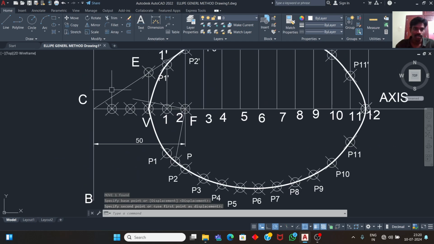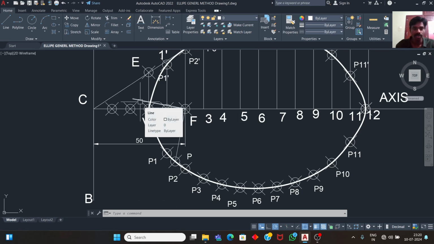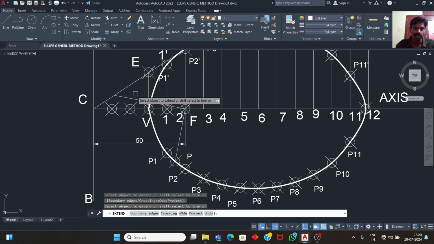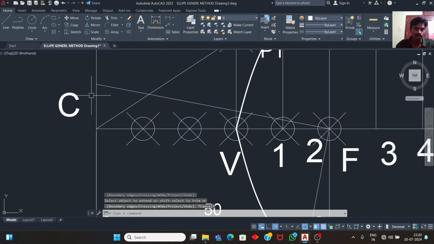This line should meet this directrix line. Further extend this line up to this directrix. So here we have an intersection between this directrix line and this rotated line.